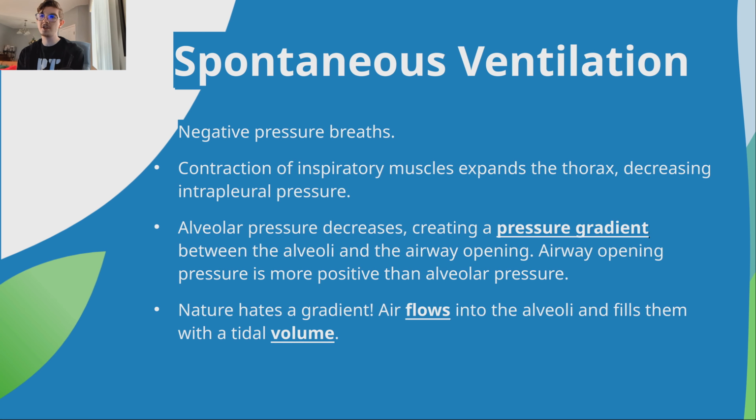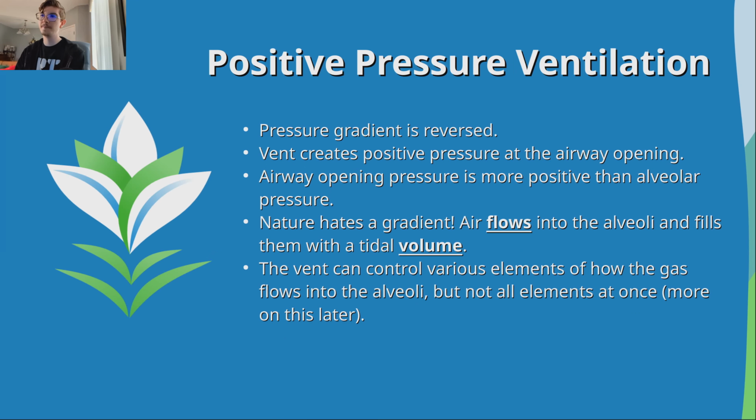The pressure at the airway opening is now more positive than alveolar pressure. Nature hates a gradient, so air will now flow into the alveoli and fill them with a tidal volume in order to equalize the pressure between the airway opening and the alveoli. That's basically how spontaneous breathing and how negative pressure ventilators work.